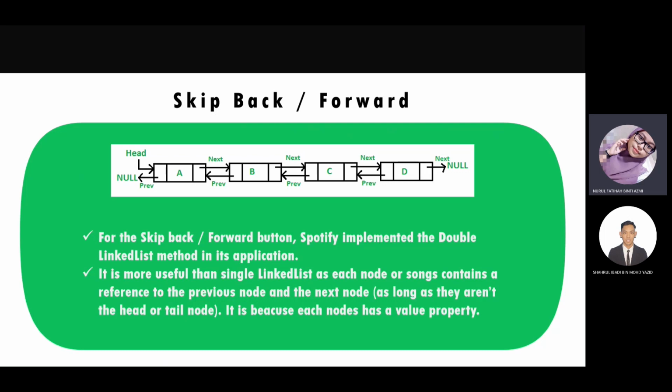It is more useful than a single linked list, as each node or song contains a reference to the previous node and next node, as long as they are not the head or tail node. It is because each node has a value property.